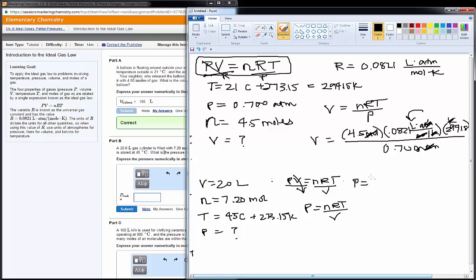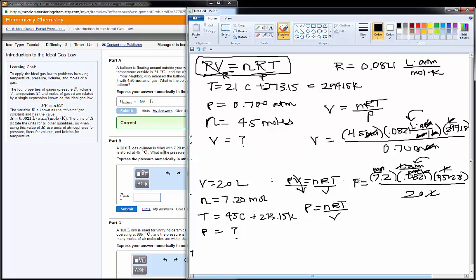So P equals 7.2 moles times 0.0821 liter atmospheres per mole K, multiplied by 45 plus 273 Kelvin, divided by 20 liters. Moles cancels with moles, Kelvin cancels with Kelvin, liters cancels with liters.